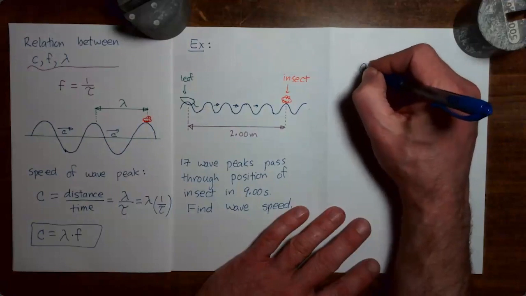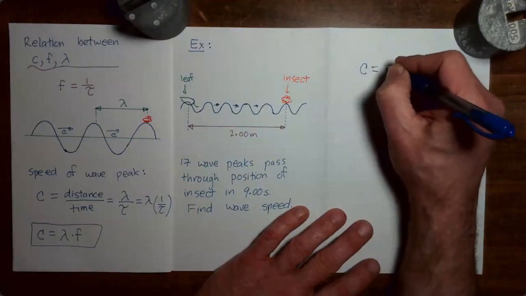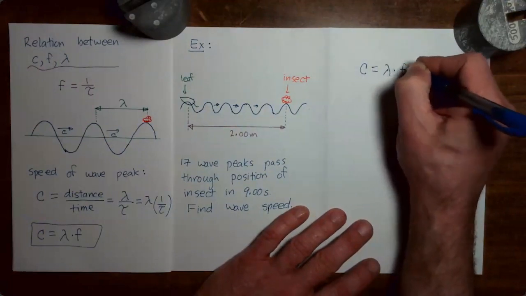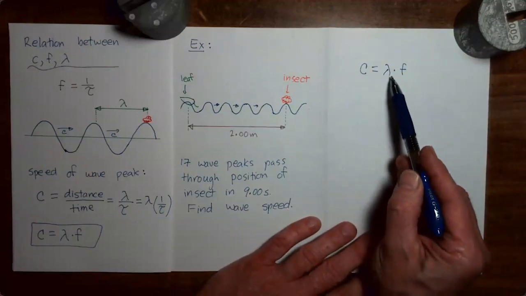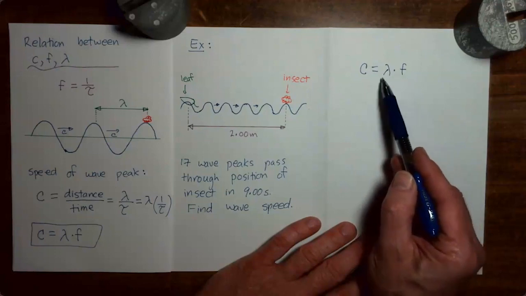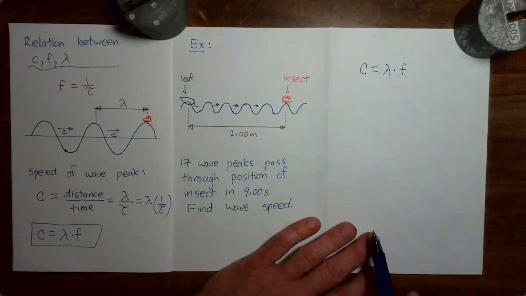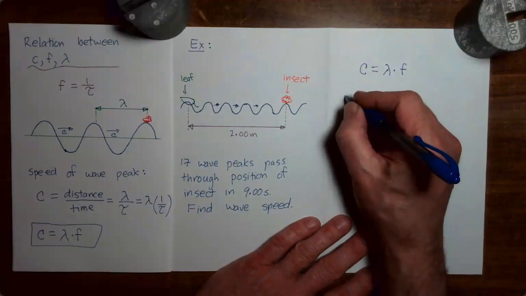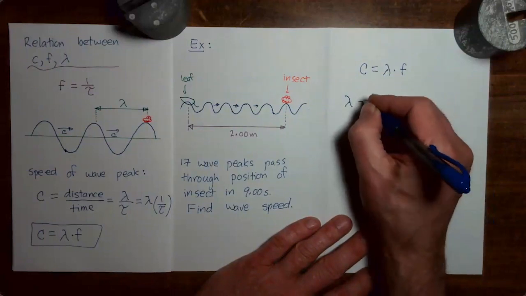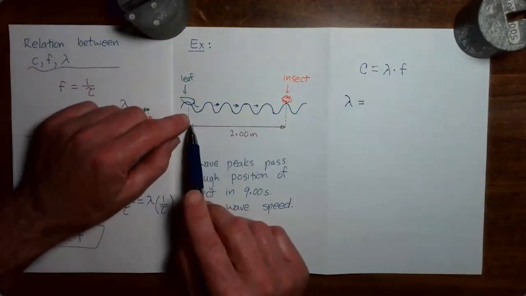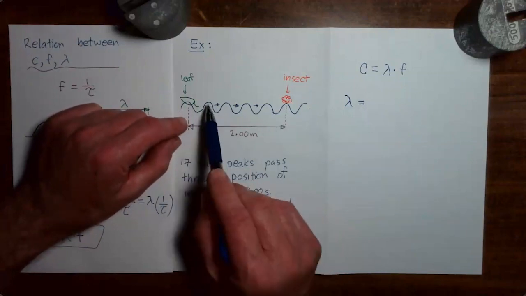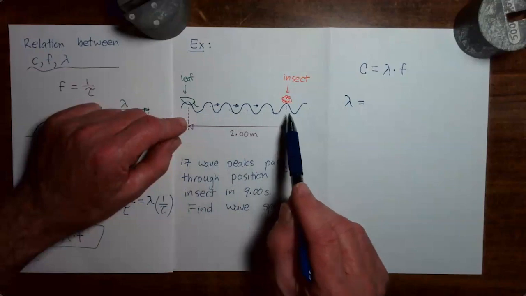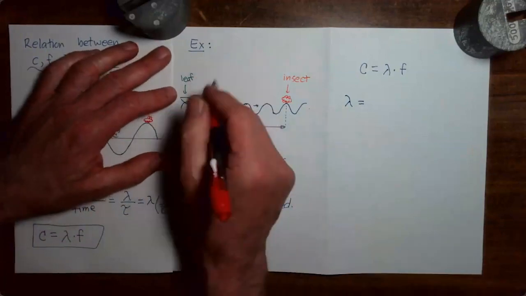Let's start from the equation wave speed equals wavelength times frequency. So if we can get both the wavelength and the frequency, we just multiply those together to get the wave speed. Let's start with the wavelength. Did you notice that in this 2 meter distance between the leaf and the insect, we have 1, 2, 3, 4, 5 wavelengths? Let me mark those in.